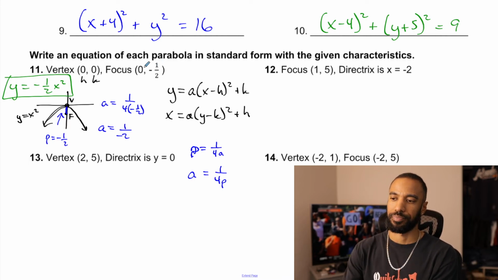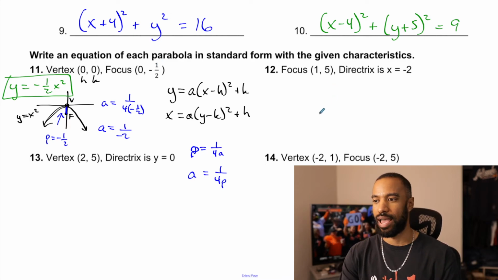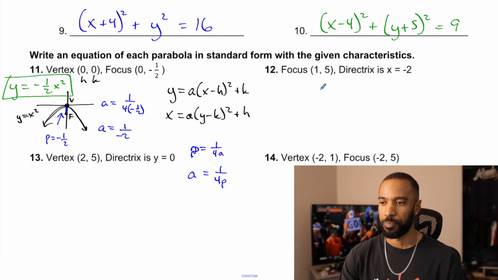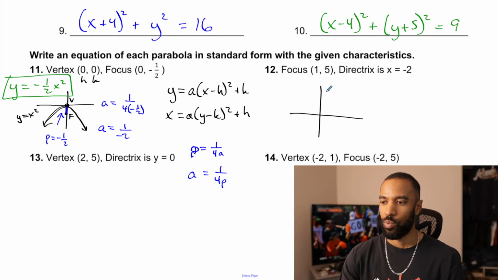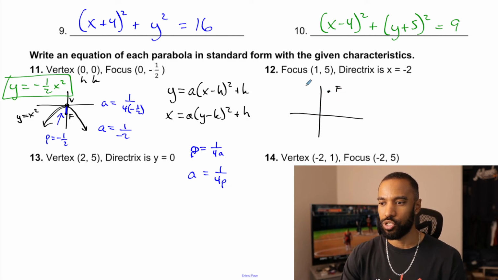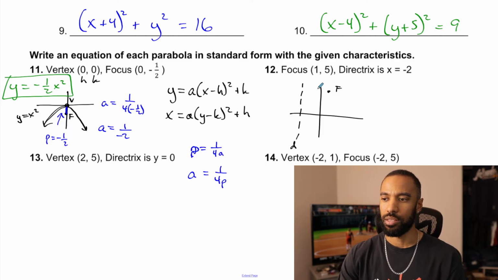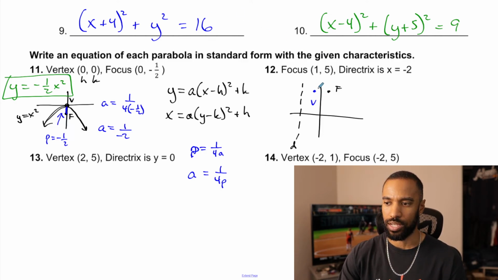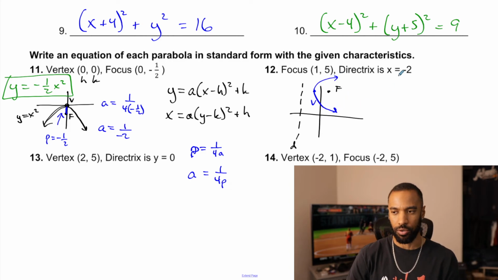All right, number 12. Focus is (1, 5). Directrix is x = -2. So your focus, (1, 5), is up here, and the directrix, x = -2, is over here. Your vertex is right in the middle of your focus and your directrix. Again, the focus is inside the parabola itself, so it's going to go this way.